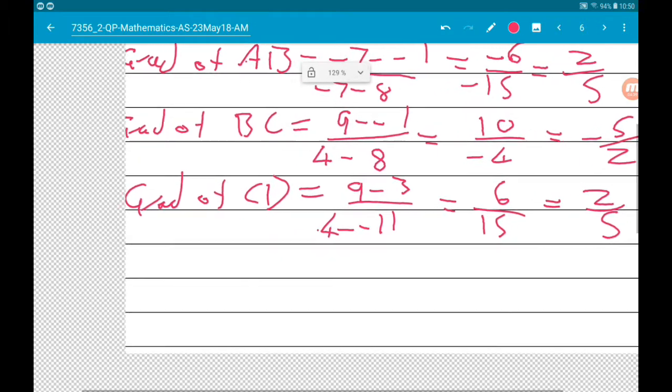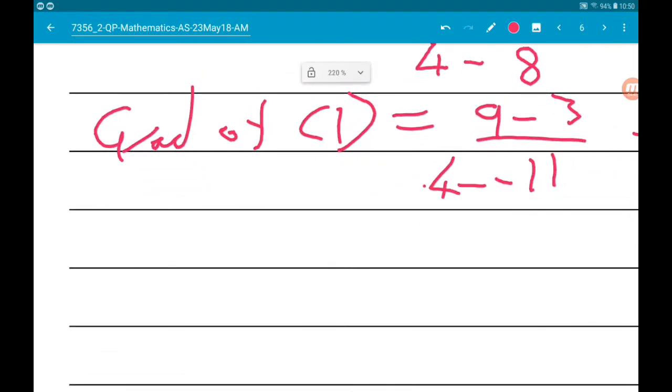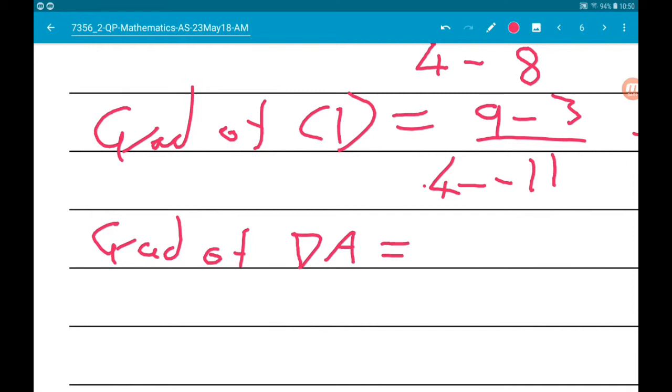And then finally, let's find the gradient of DA. So that's going to be, let's do 3 minus -7 over -11 minus -7.